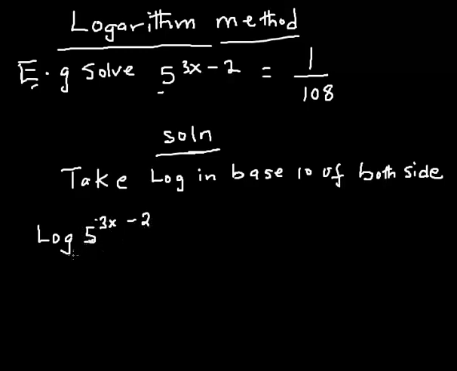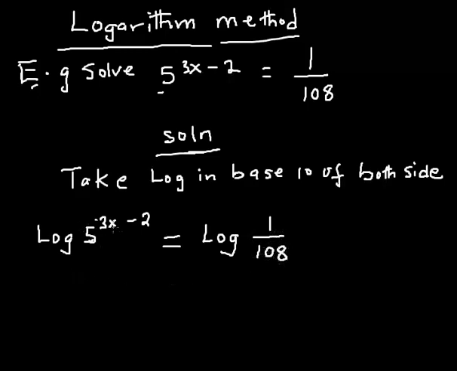Even if I don't put the base of 10, anytime a log is written without the base, it is by default base 10. Every log that doesn't have a base is in base 10, so please take note of that. I also have to take the log of 1 over 108.